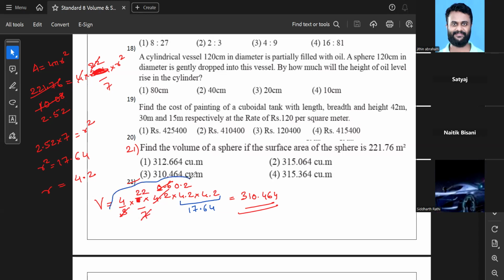So rest everything you can combine and write as 176, and to consider this decimal you'll put a decimal over here and you simply multiply that. Only two numbers you have to multiply, not everything. So option 3 is your correct answer. Yes, sir.